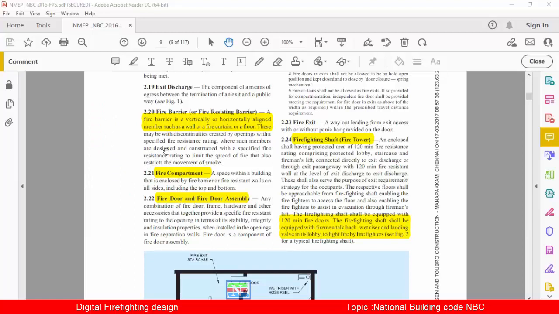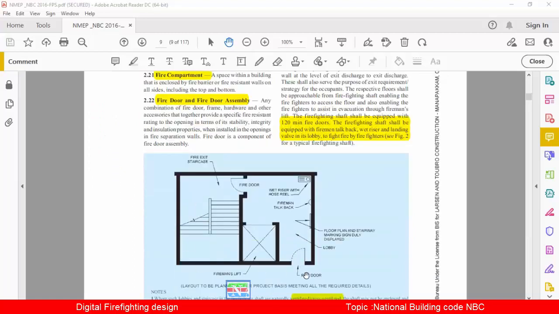Fire door. Here you see these are all your fire doors, and all your fire doors will also be 120 minutes, so that they will withstand the fire for 120 minutes. Fire doors you'll have as single leaf or double leaf. This is called single leaf.